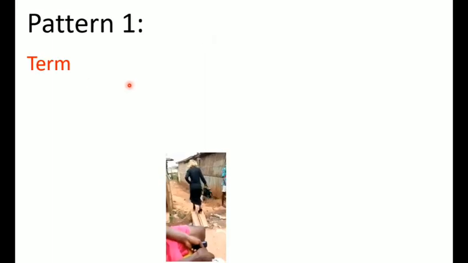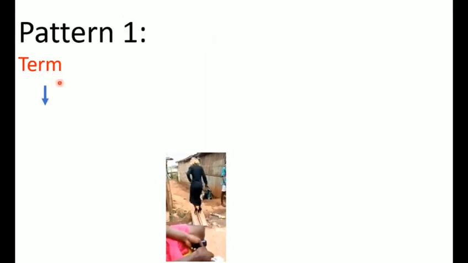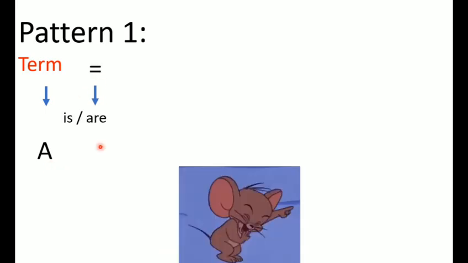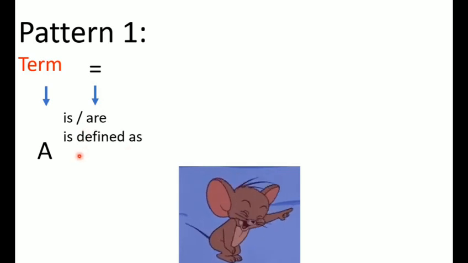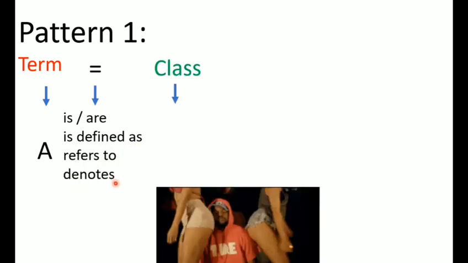Now, here are the patterns of definitions. Pattern 1, we have term, and this is the part A. And then the equal sign refers to the verb is or are, is defined as, refers to, denotes.